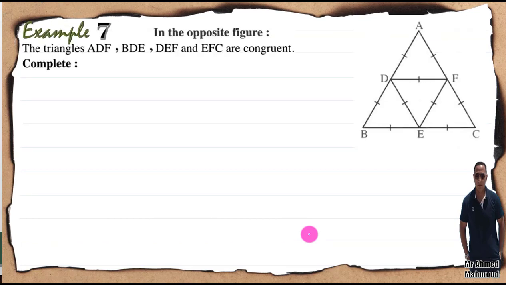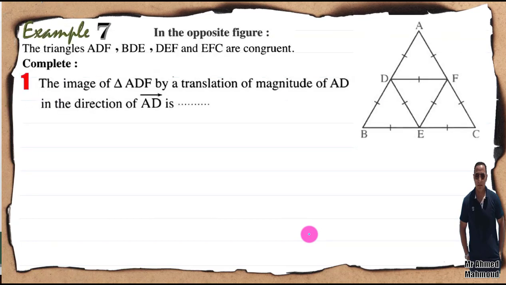Here, example number 7. ABC is an equilateral triangle and the other triangles, as we see, are congruent. The image of ADF by translation AD in the direction of ray AD. First, where is ADF? This is triangle ADF.